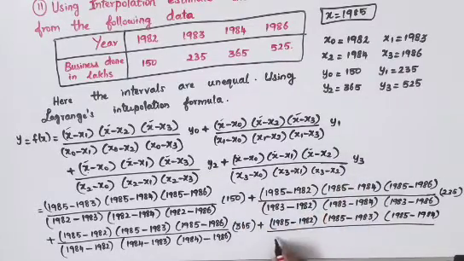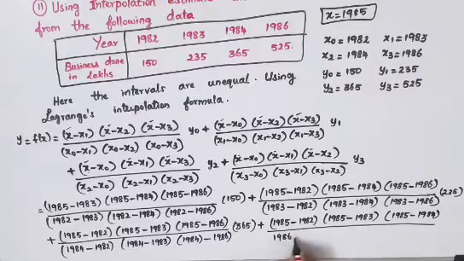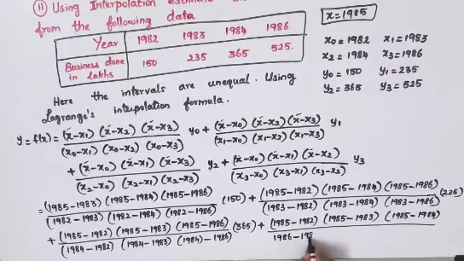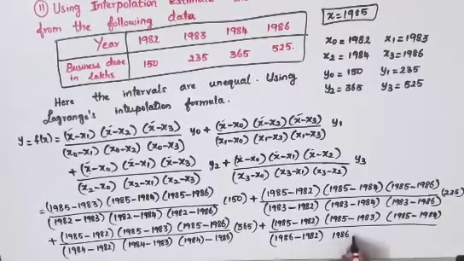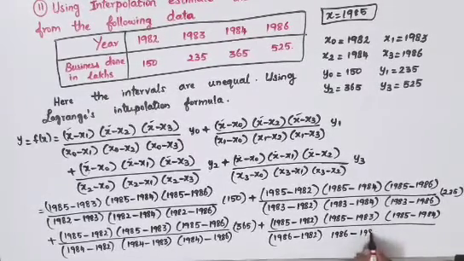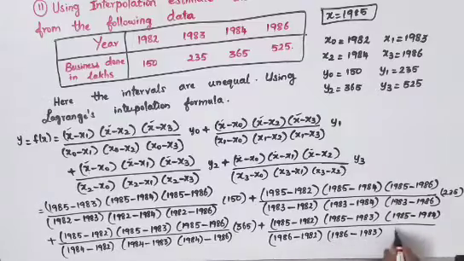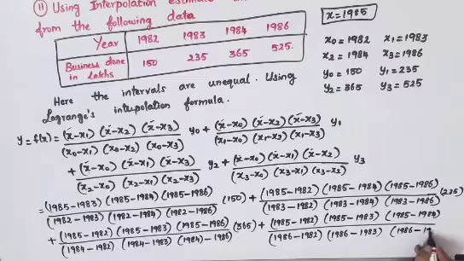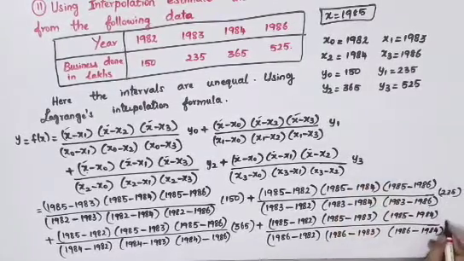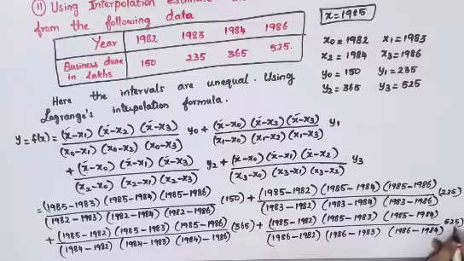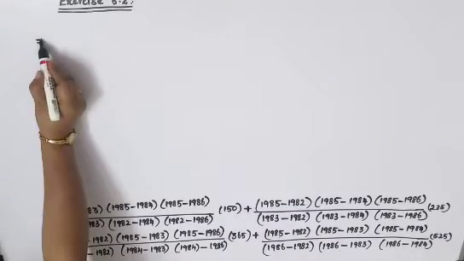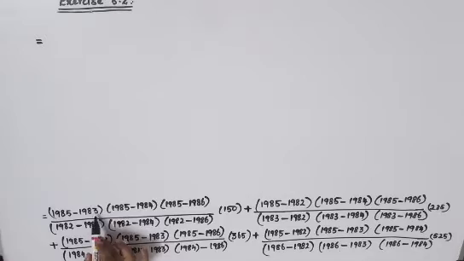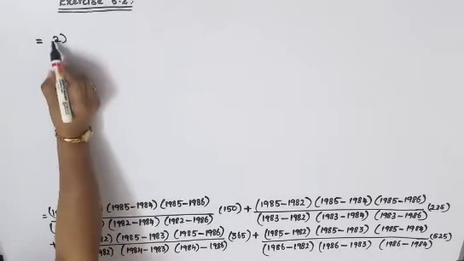Okay, so x3 is 1986 minus this value 1982. Then again 1986 minus this value 1983. Then again 1986 minus same 1984, into your y3. y3 is 525.